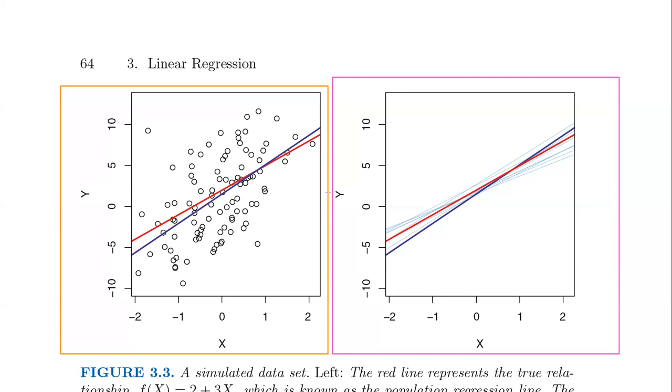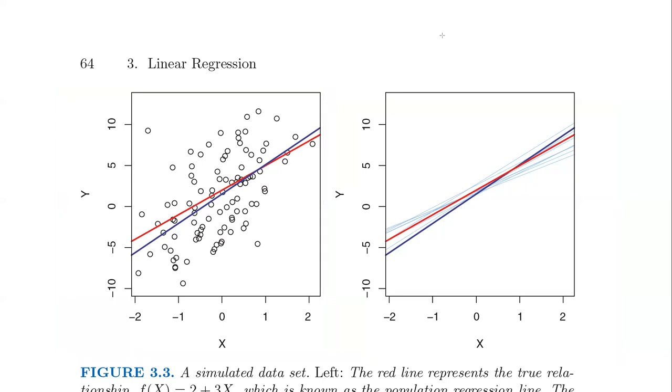Those are the y-intercept of the red line and the red line's gradient. That's the true relationship. Instead, what we do is we estimate those betas. So whenever we write our estimated beta naught and beta 1, we include a hat above each one.